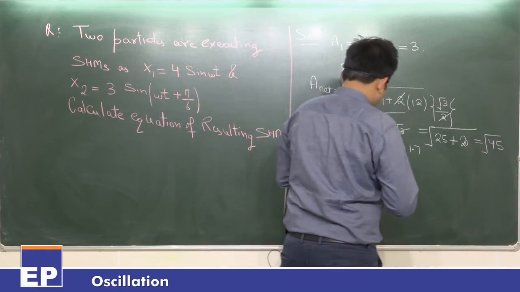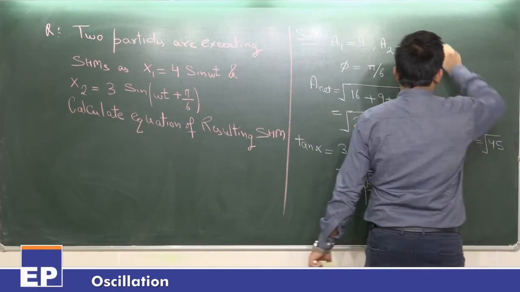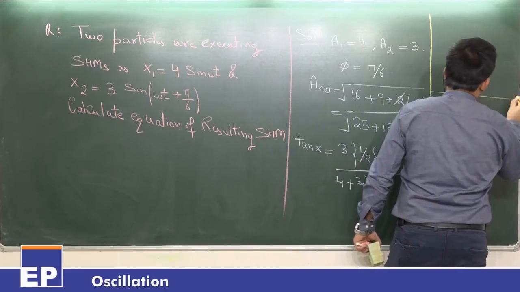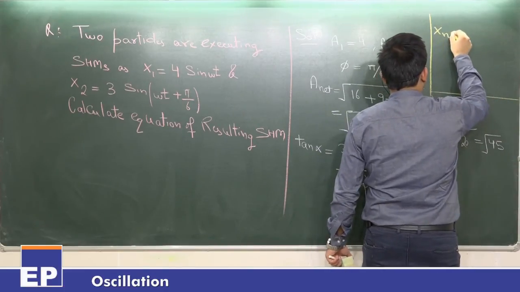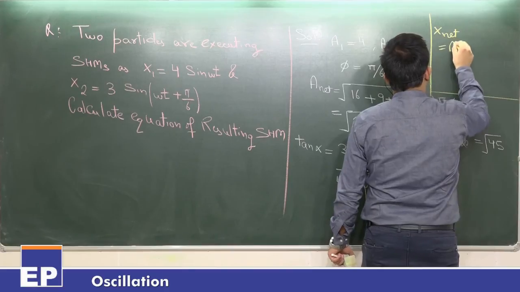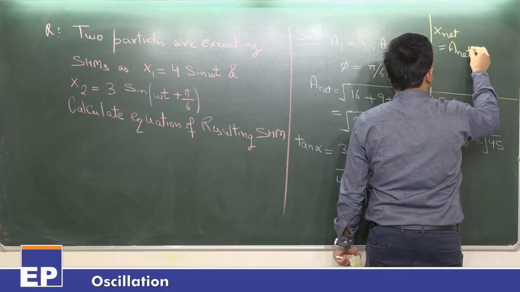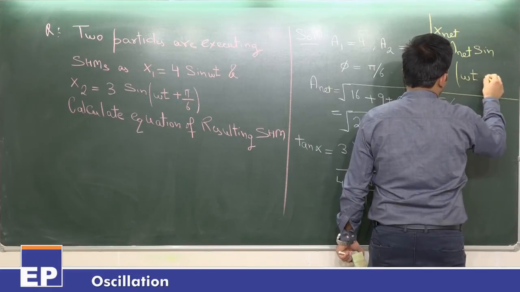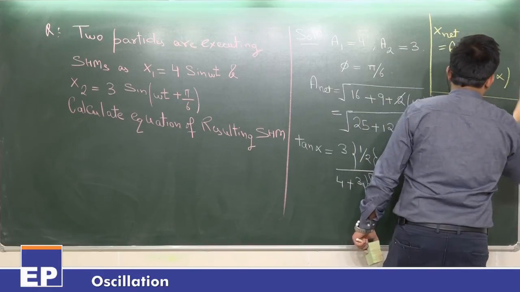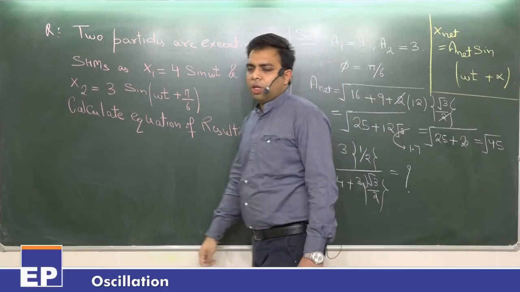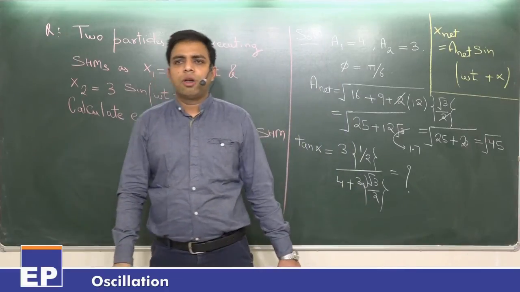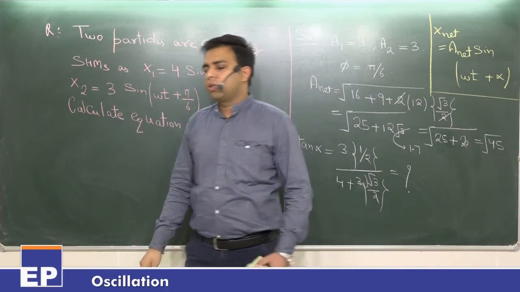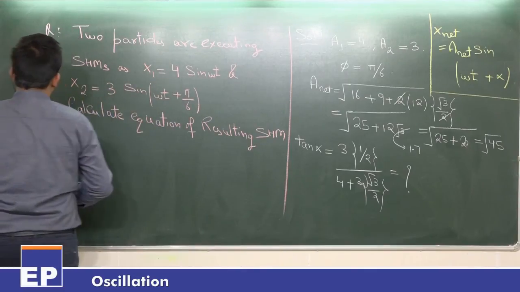If you have calculated alpha, so what is x net? X net is A net into sine omega t plus alpha. Are you getting it? Yes, this is the point. Next.